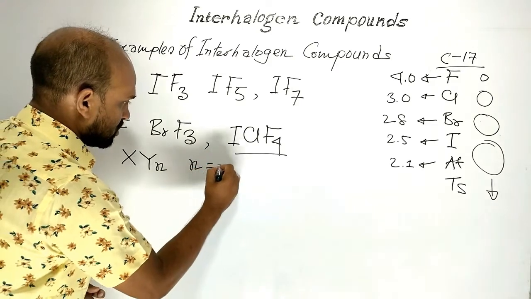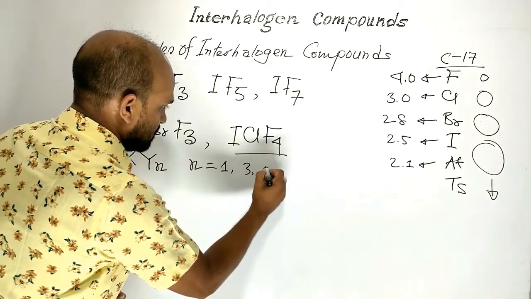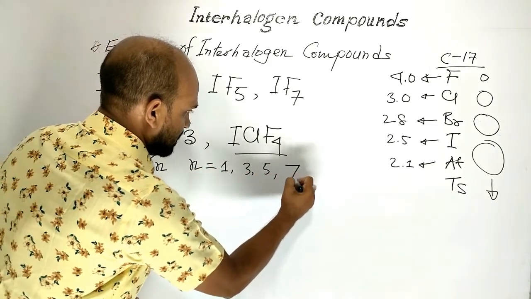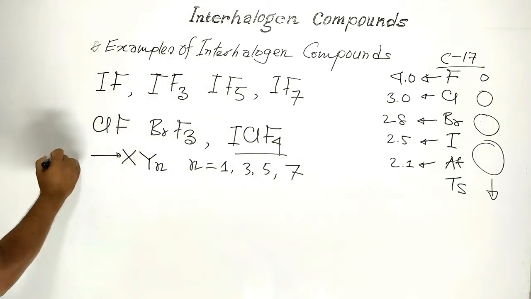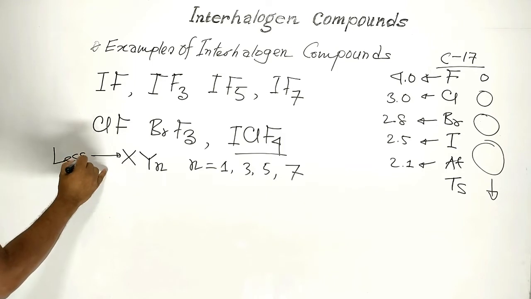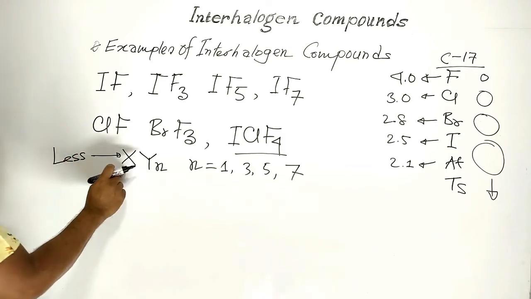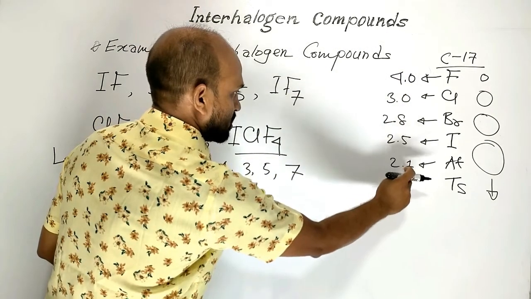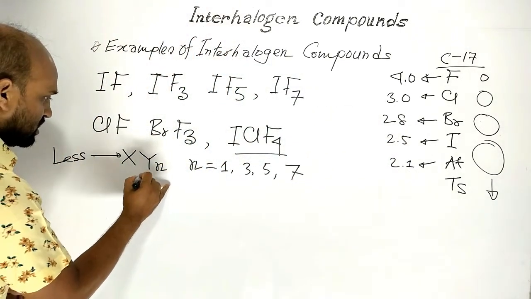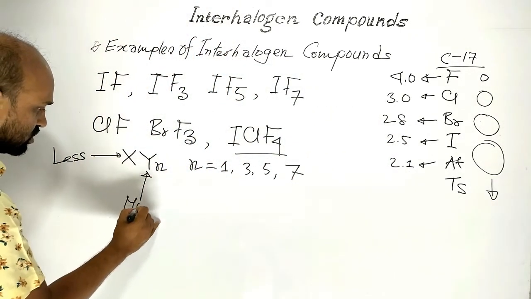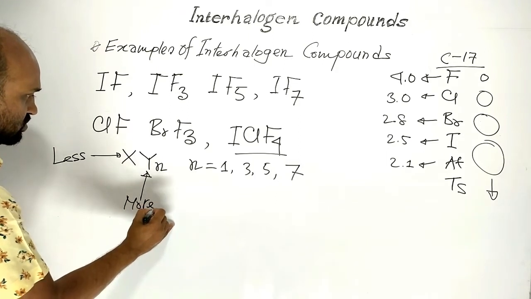Here n is equal to 1, 3, 5 and 7. Here X is less electronegative atom or element. Here we know electronegativities of halogens, and Y is more electronegative element or atom.